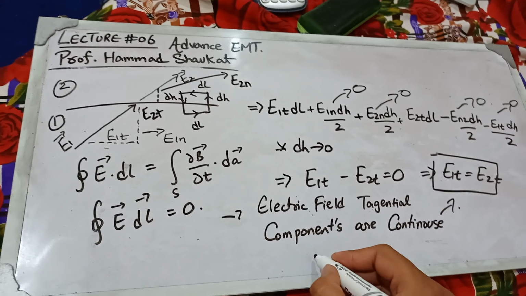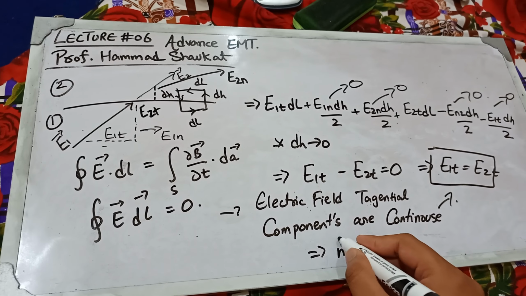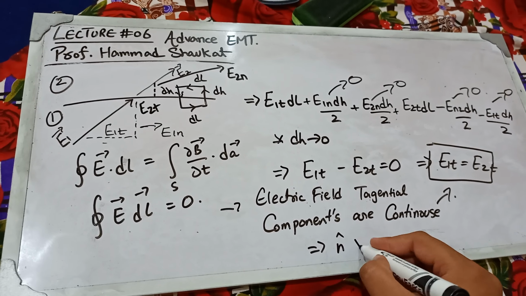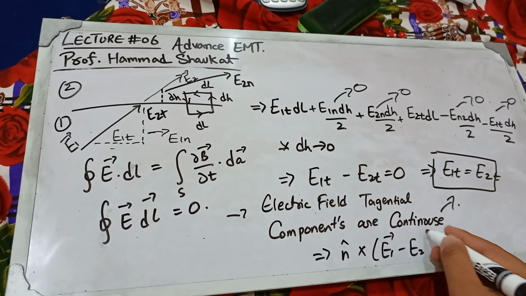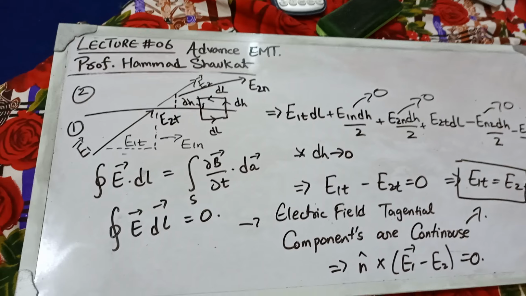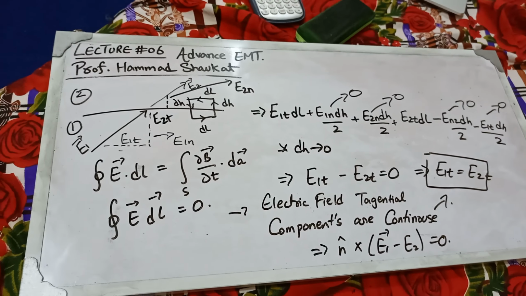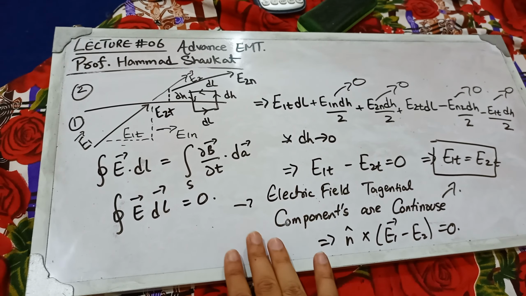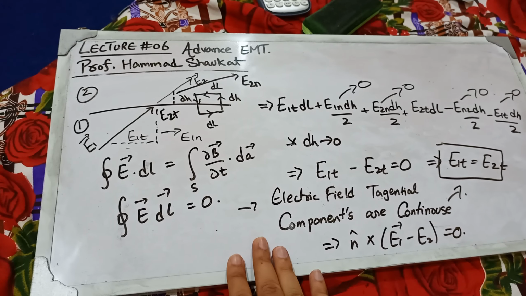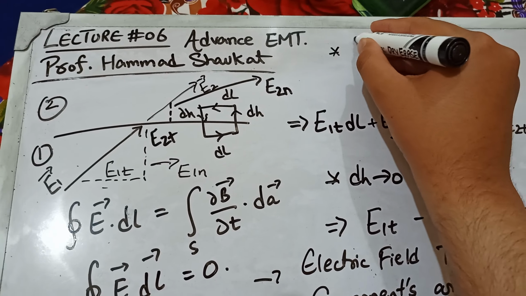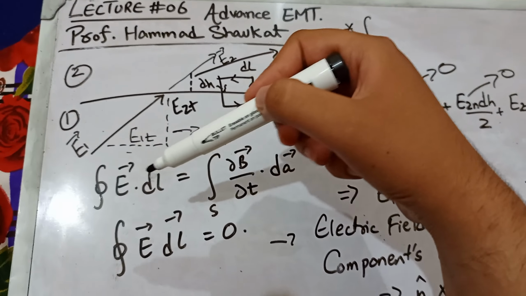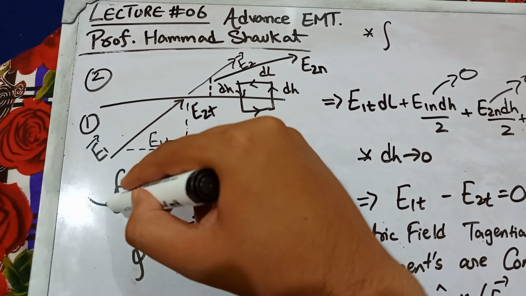Similarly, you can also write it like this, with the direction cross e1 minus e2. Similarly, you can find the same thing for the case of magnetic field. For the magnetic field, let me show you here. You have to resolve this equation, as we resolved it for the case of electric field.